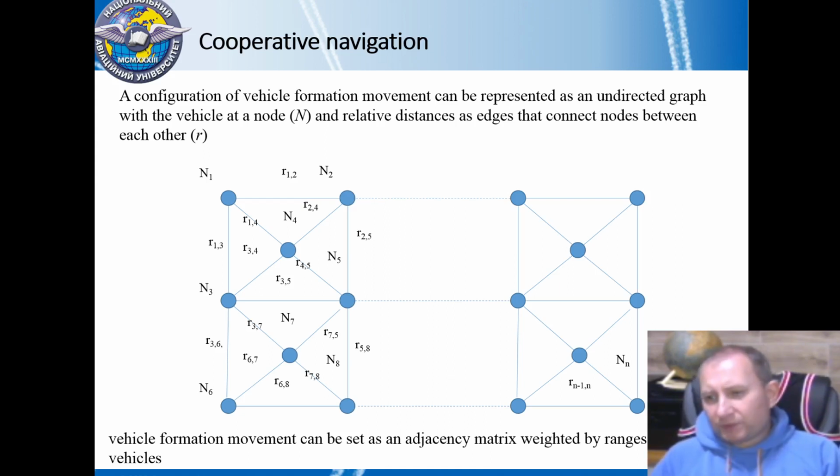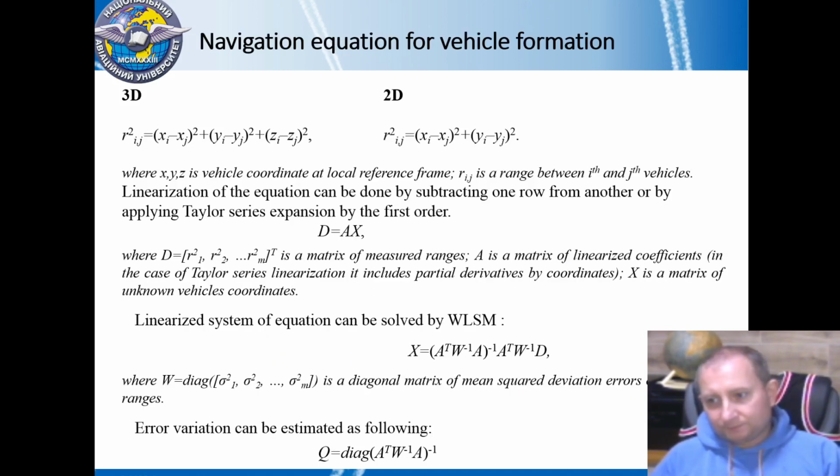That's why we can represent this data in the form of a graph with the help of some adjacency matrix weighted by distances or ranges measured by Bluetooth equipment on board of the car.